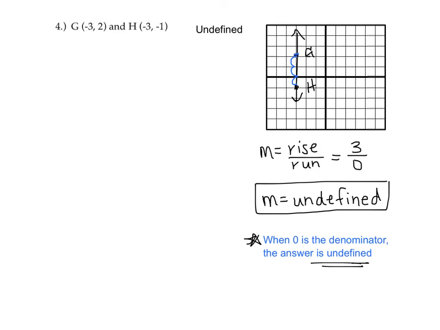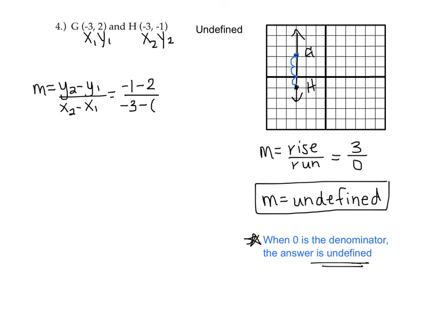Okay, so now let's use our other formula, M equals y2 minus y1 over x2 minus x1. All right, we want to first label our coordinates, x1, y1, x2, y2. Remember, this is your first ordered pair, and that's your second ordered pair. That's why we label it that way. So your y2 is negative 1 minus your y1 is 2, over your x2 is negative 3 minus your x1 is negative 3.